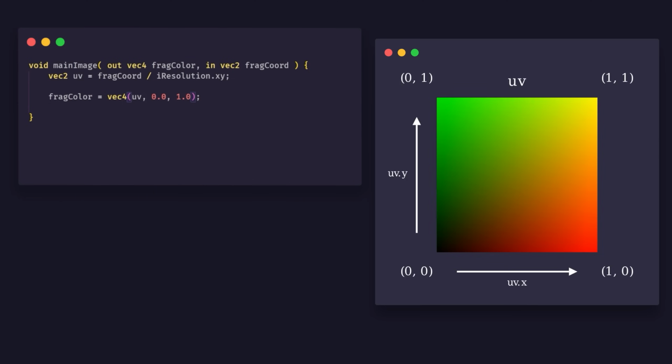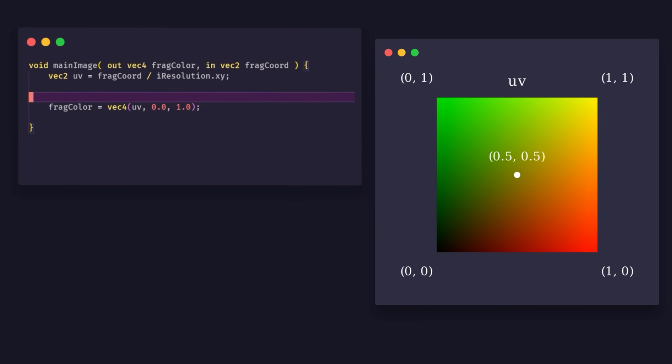Now, let's start to transform the space in a way that is more convenient to work with. Right now, our UV coordinates range between 0 and 1, meaning that the center pixel coordinate is 0.5, but it would be preferable to have it exactly at 0, 0, so the center of the canvas matches with the center of our coordinate space. In order to fix that, we can first subtract 0.5 to each component of our UV vector.